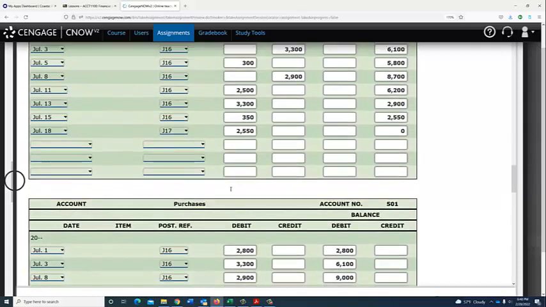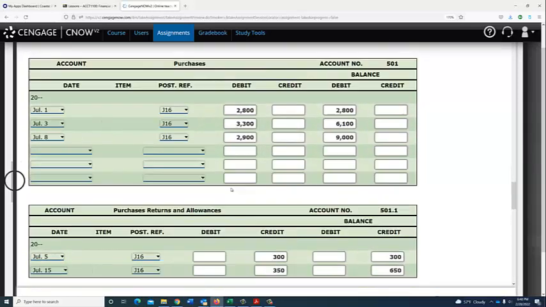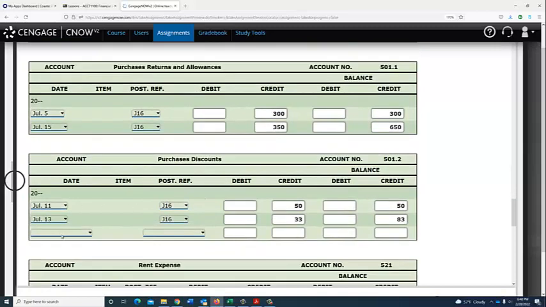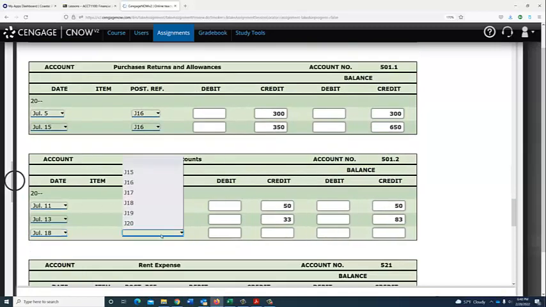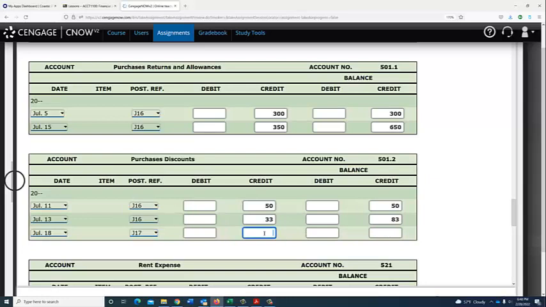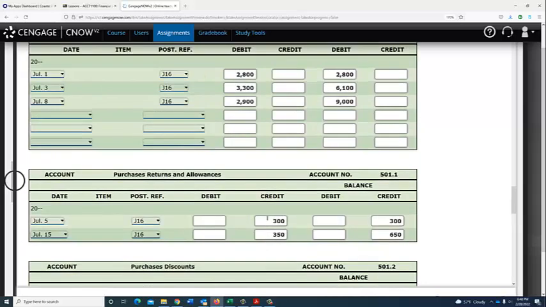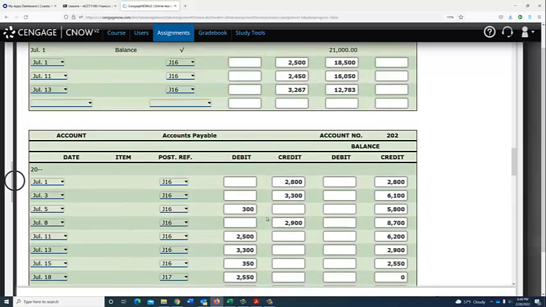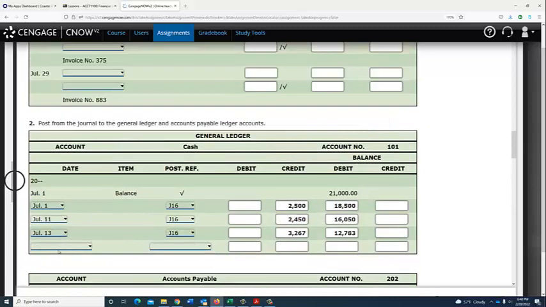Now we need to post the purchase discount. So we have a credit and a credit. That gives us $134 in the purchase discount account. And now we need to record the credit to cash.